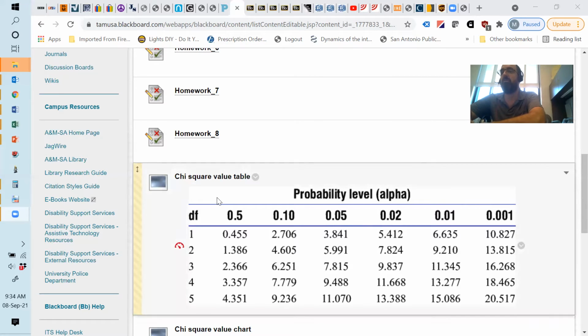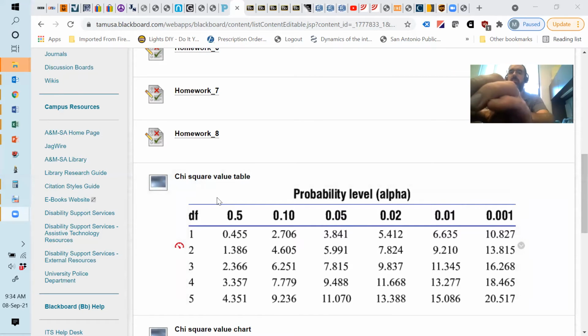So, this is worth typing out too, if your chi-square value is greater than the one in the 0.05 column for your DF, then that tells you that you got that difference by something other than chance.